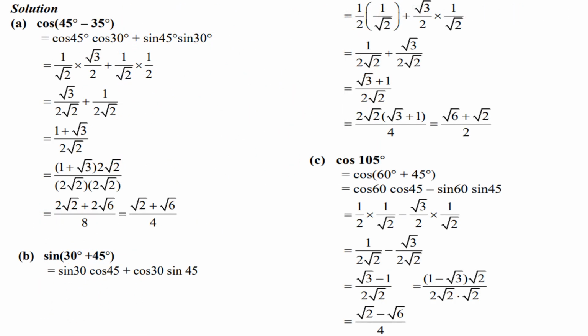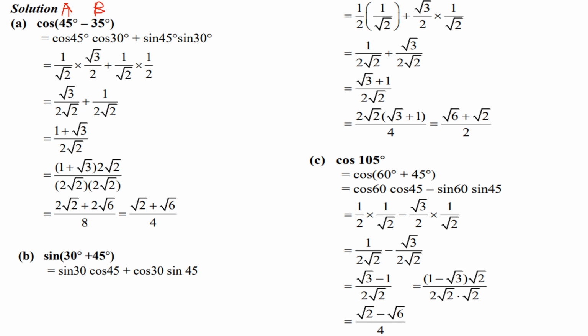Look at part A, they gave you to find the solution for cos 45 degrees less 30 degrees. Now here, if we put this in terms of compound angles, our A is going to be 45, and then our B is going to be 30.